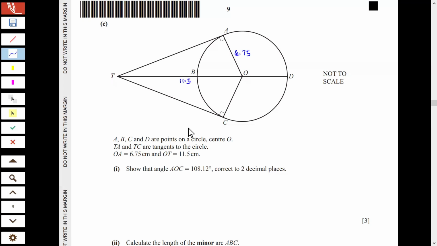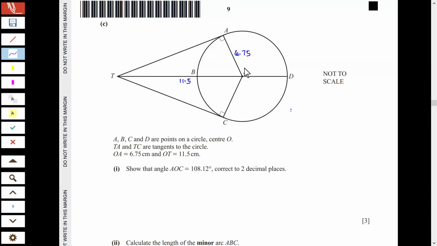Now the question is show that angle AOC is equal to 108.12 degrees. We're told to find angle AOC.